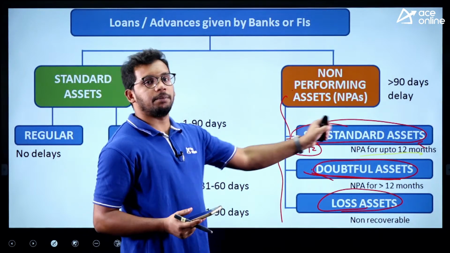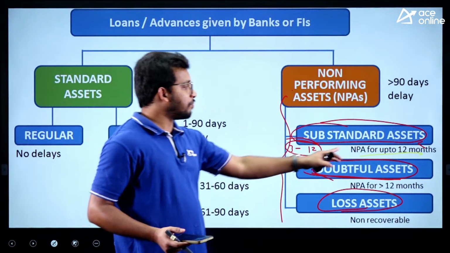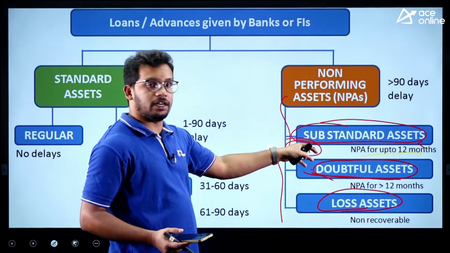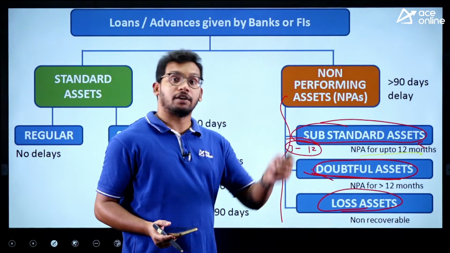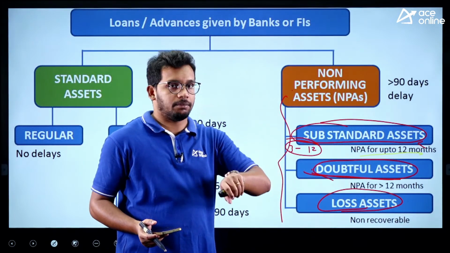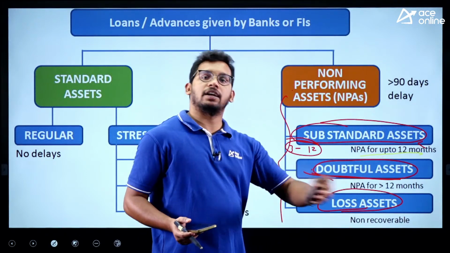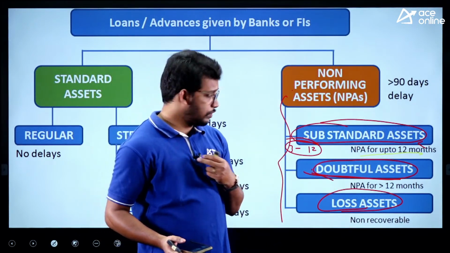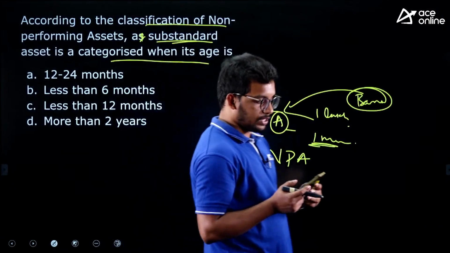For the first 3 months, if the person does not pay, it is called a non-performing asset. Until 1 year, if they do not pay, it is called a substandard asset. If more than 1 year and the bank doubts that he may or may not pay, it is called a doubtful asset. And if they declare that he is not going to pay, it is called a loss asset, right? Now tell me the answer for this question.